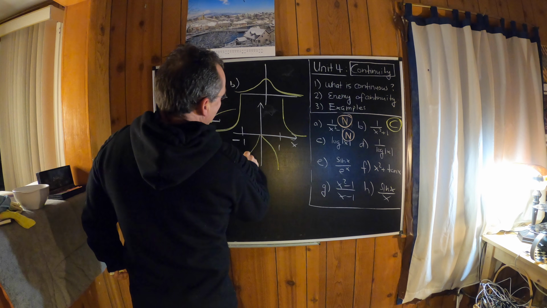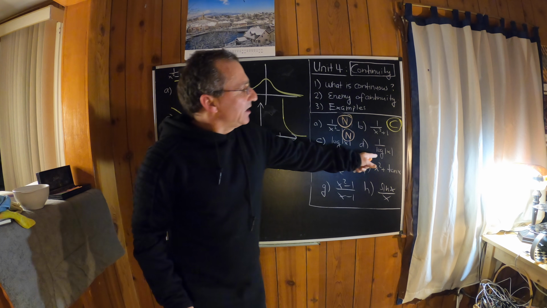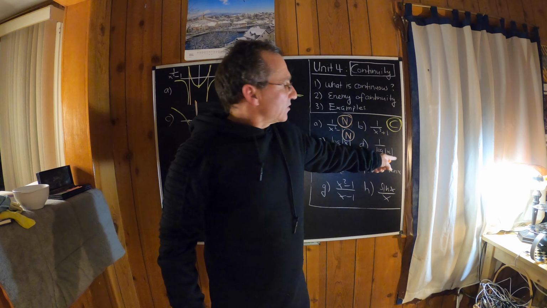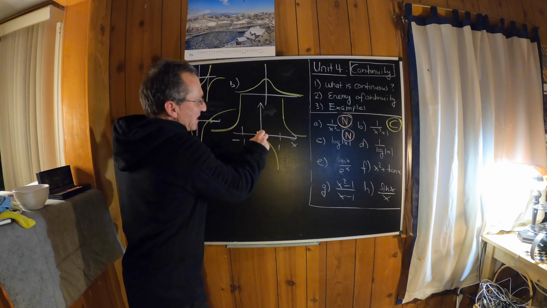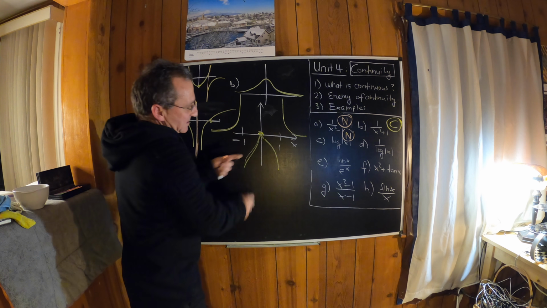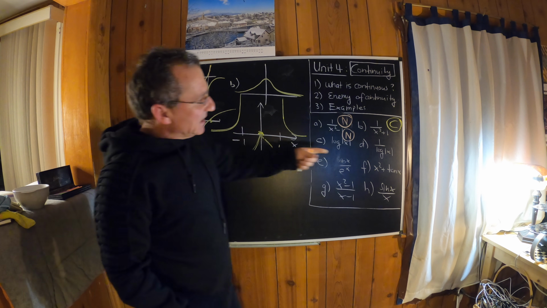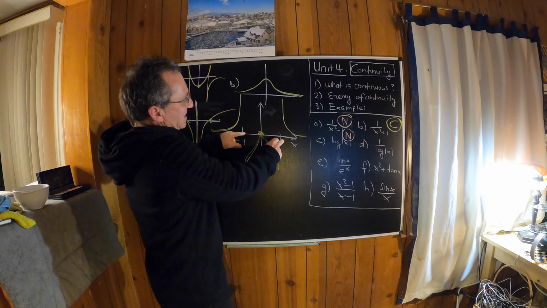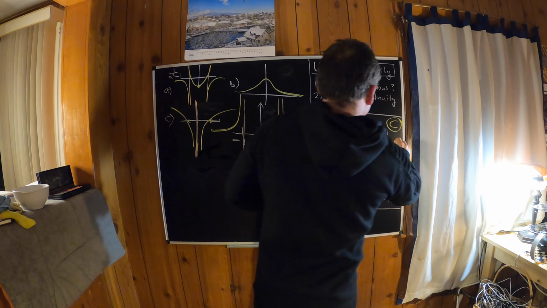I don't know whether I draw this right here, but at x equal to 0, this is actually continuous. Because when x goes to 0, this whole thing goes to infinity, and 1 over infinity goes to 0. So there is a definite value. It's not nice, not smooth, but it works. It's just that at these points it fails. So this is not continuous.